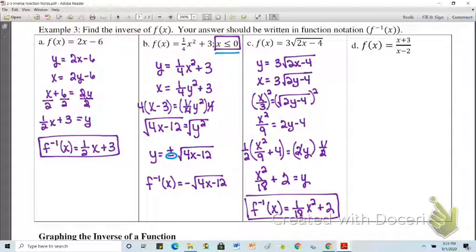Our final one that we're going to do on this section is a rational function. That means it has an algebraic expression in the top and in the bottom. So step 1 is exactly the same. We are going to rewrite f of x as y.